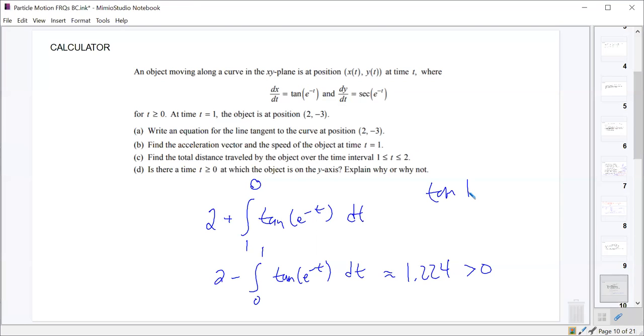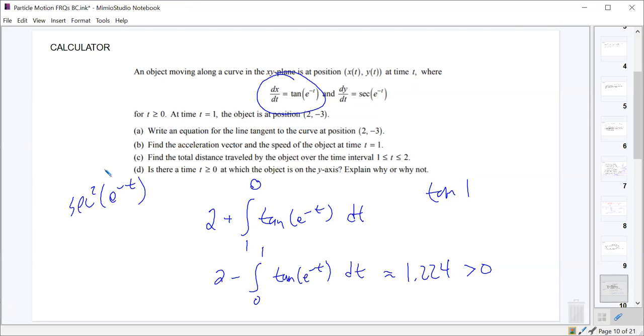And if we were to try to figure out if this has any critical values, we'd have secant squared of e to the negative t. And secant squared, or secant itself, is never going to equal 0. So there are never any places where this equals 0. The only places where this equals 0 are places where it might be discontinuous.